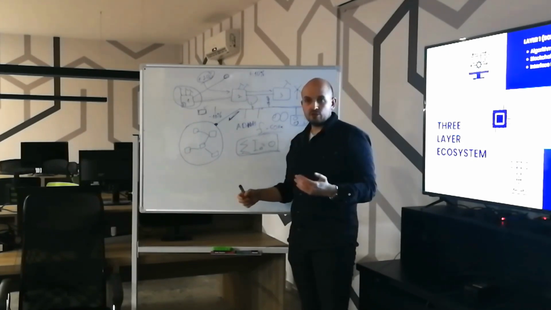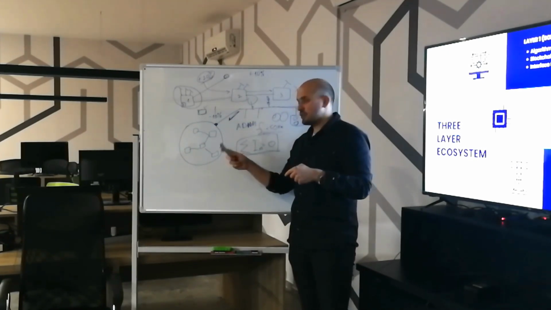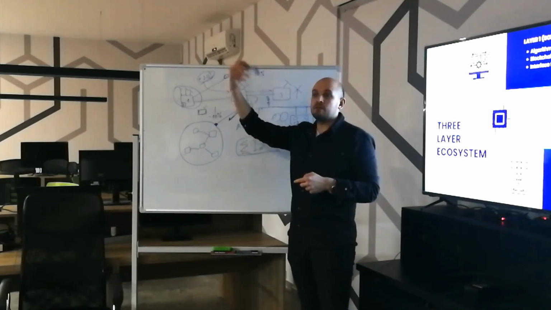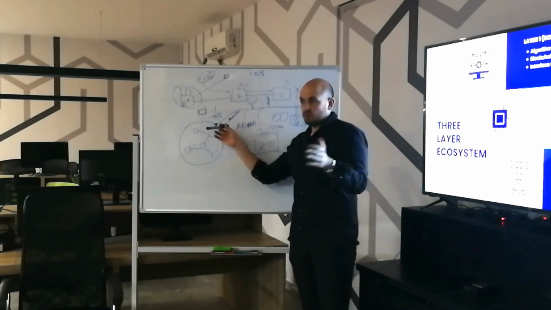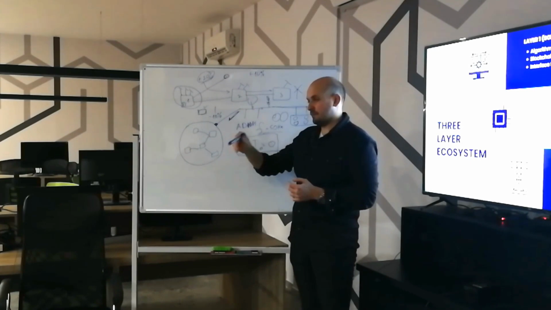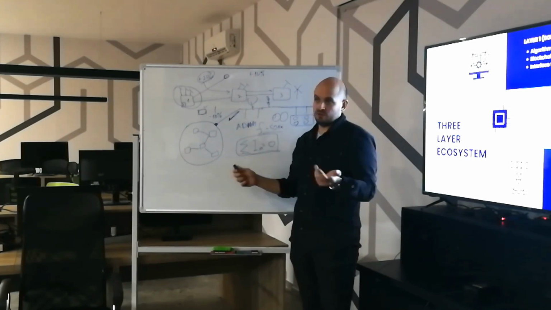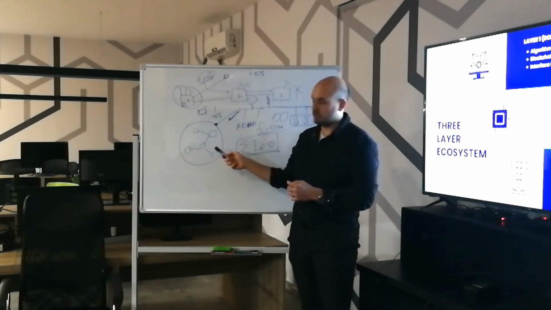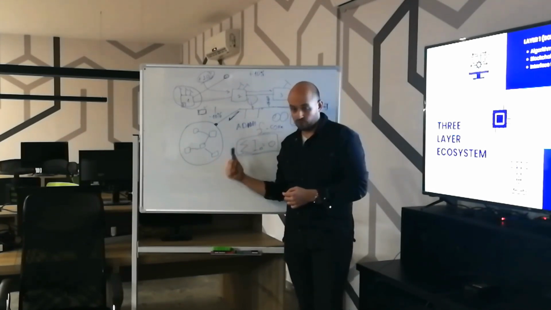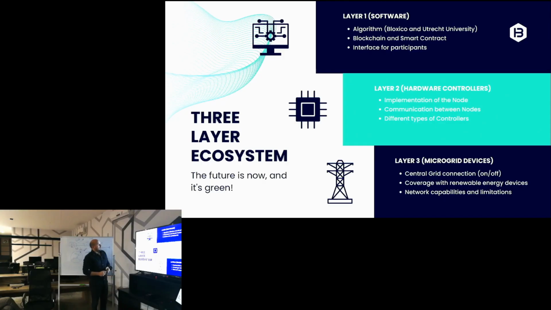Also with internet, so they can communicate between each other and update their status to the blockchain, so it can be tracked through a period of time. If any of these conditions is not fulfilled, this household, for example, is out of the game for the time being. So this is regarding layer 1, or the software.